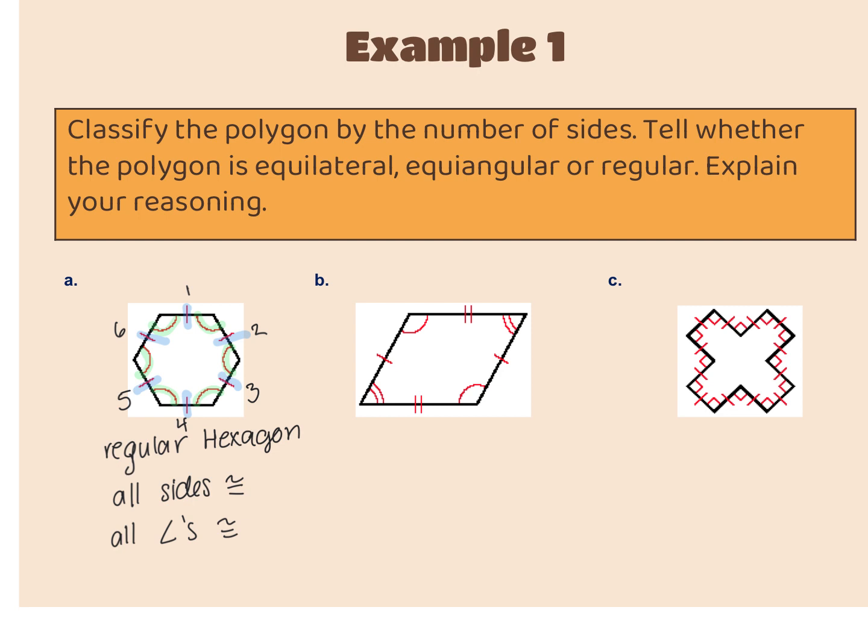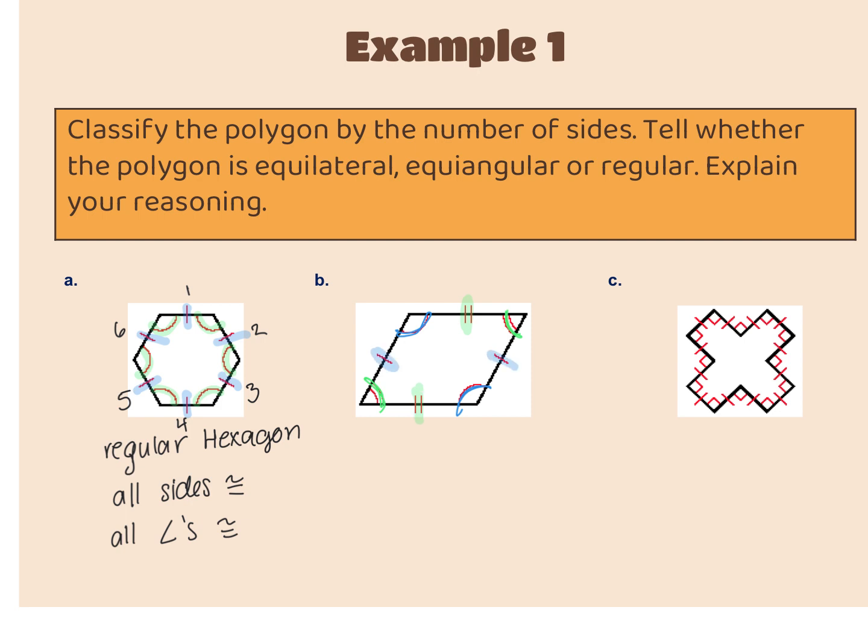All right, looking at B, again, is it equiangular, equilateral, or irregular? Looking at my angles, these angles are congruent, and these angles are congruent, so it's not equiangular. Let's see if it's equilateral. This one has 2 symbols, so that's congruent.